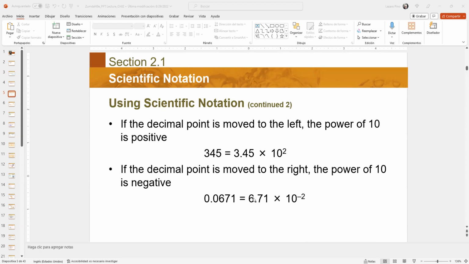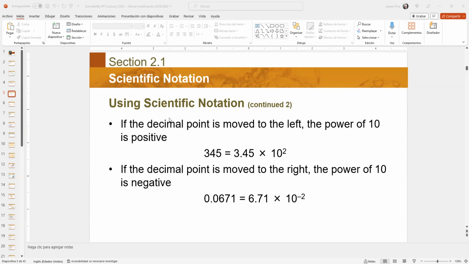As you are moving the dot to the right, the exponent will be negative. Look, in the first case that you move the dot 1, 2 spaces to the left, then the exponent is positive. Remember, always we have a whole number and then the dot.